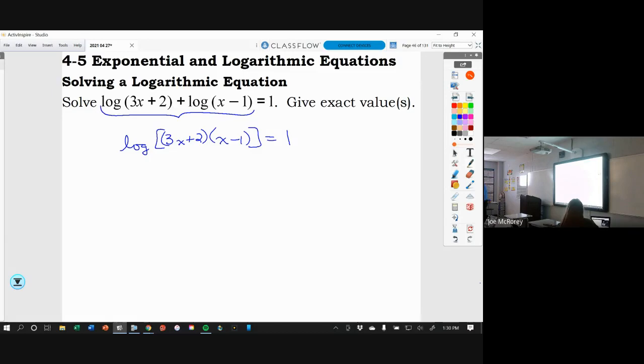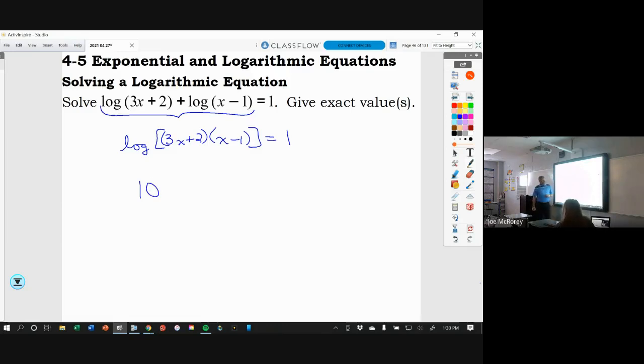From here, we can either use bases and make those exponents, or we can use the definition to convert a logarithmic expression or logarithmic equation into an exponential equation. What's the base? E. No. Wait, it's 10. This is a common log, so the base is 10.